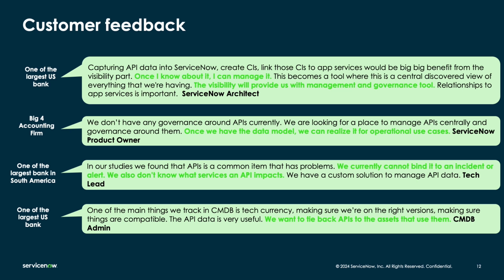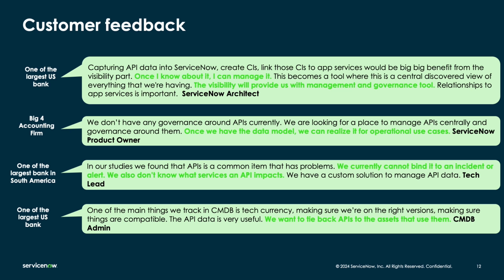This is just a sneak peek into the customer feedback we have received over the last couple of months when we have shared the API Insights vision and demo to our customers. One of the largest banks in the US wants visibility of APIs.